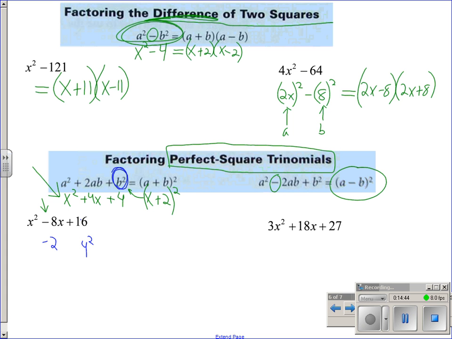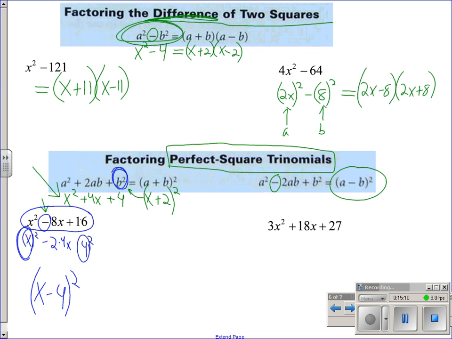Well, if b is 4, 2 times 4 times x, there's our middle term, and this is just x squared. This thing is a perfect square trinomial because it follows that pattern. So, 4 was our b value, x was our a value, and because of that subtraction, x minus 4 quantity squared.